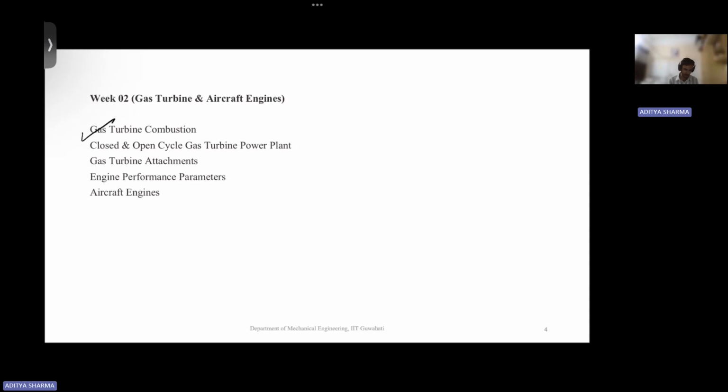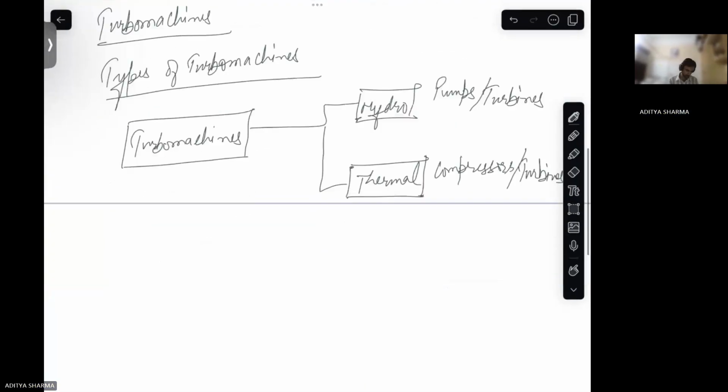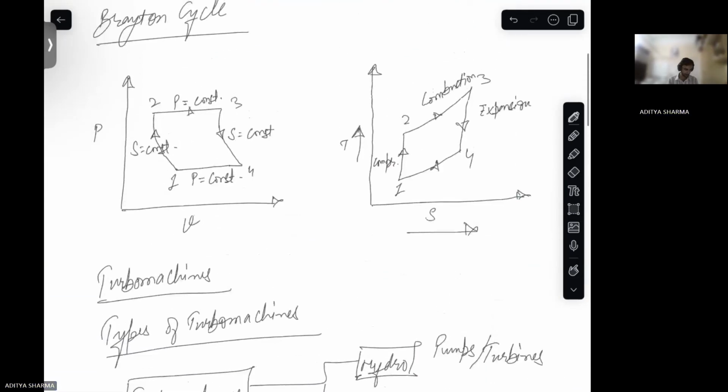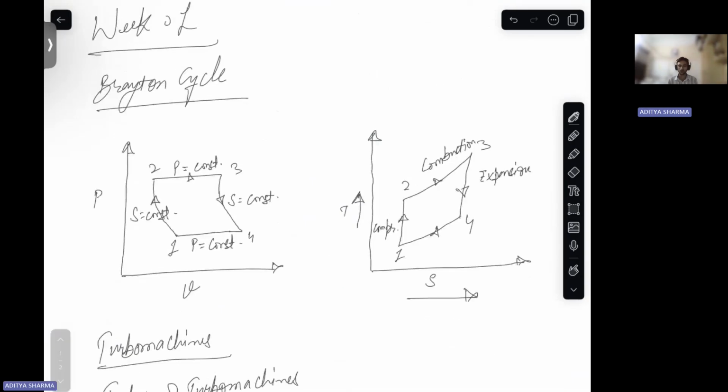So gas turbine combustion, what happens in gas turbine combustion? This is here only from the Brayton cycle. You can know what happens in gas turbine combustion and the processes involved in it.